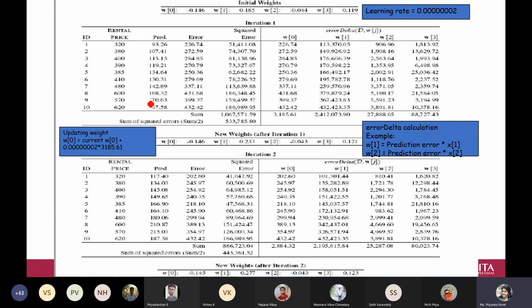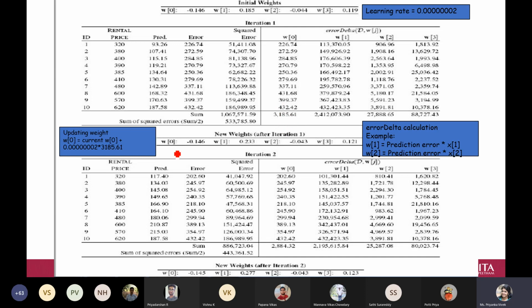New W0 is the current W0, which is minus 0.146, plus the learning rate, which is 0.000 into 2, into the error delta sum we got for W0.